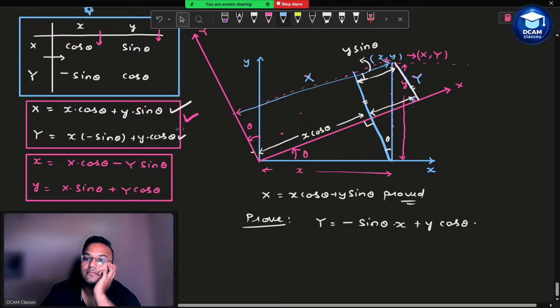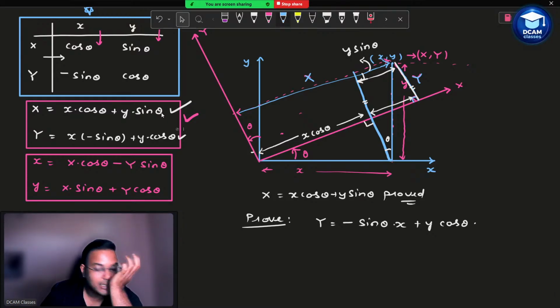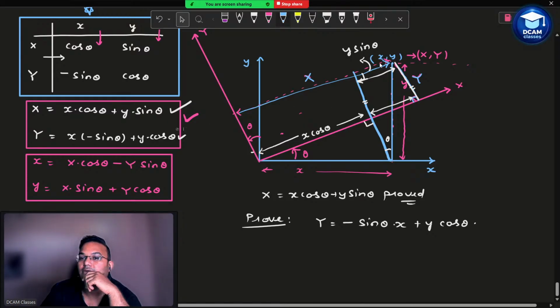Sir, can you once tell what we have to prove, like the final answer? You have to prove this first equation, capital X is equal to x cos theta plus y sin theta, how it came. Because you only knew that the coordinate of the point P was small x comma small y. Now the axes have been rotated by an angle theta.